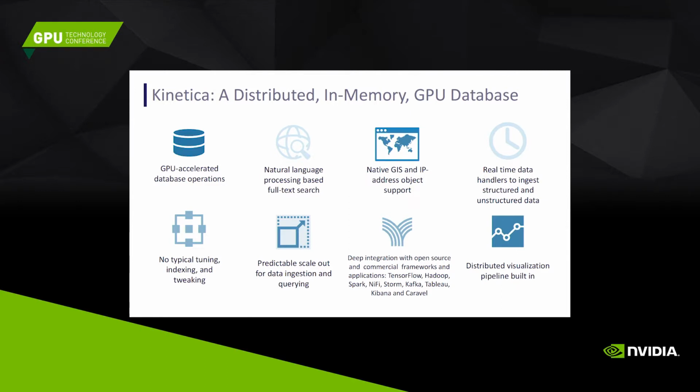Because of where we came from, we've got some interesting geospatial functionality as well. So we're able to store geospatial data and analyze that. We have all the functions built into the system to do geospatial analytics and serve maps up extremely quickly. We actually use the GPUs to do map rendering, which is something the GPUs were originally designed for, of course.